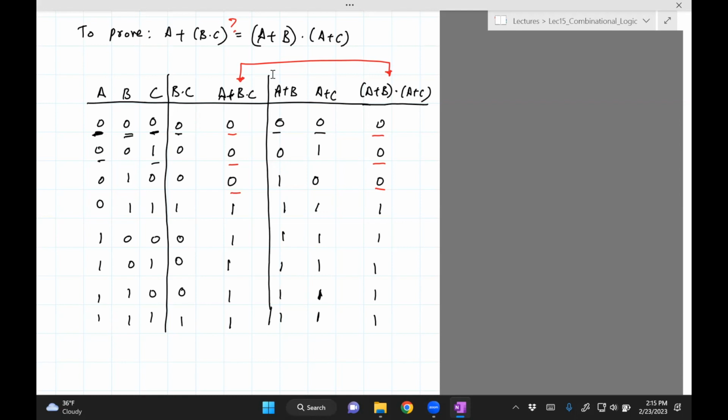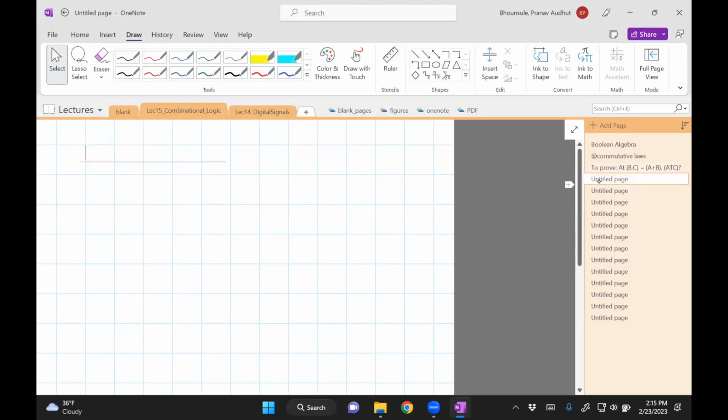Okay, so here are some other useful identities, and we'll be using these later on. We put them down.